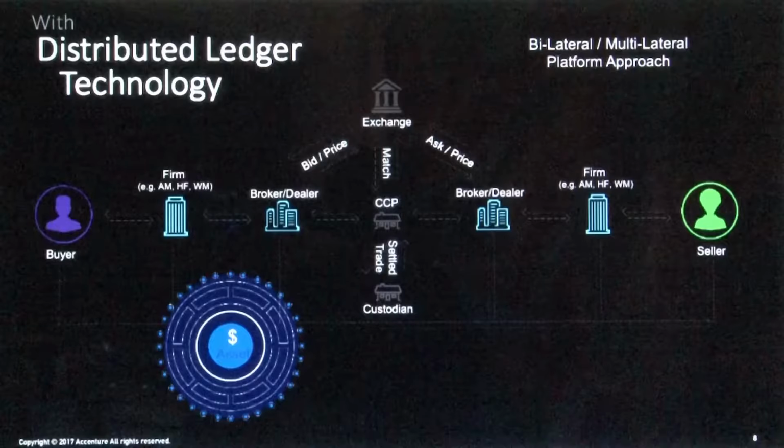If you look at a financial services ecosystem, you'll find that you have a buyer on the left, a seller on the right, and this diagram you can rewrite in many different flavors and variations. But what you have is each of these institutions and participants have their own data repositories.